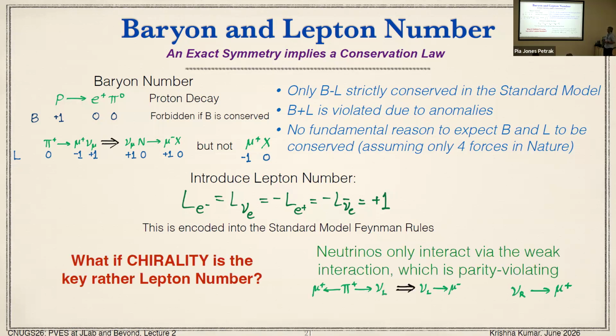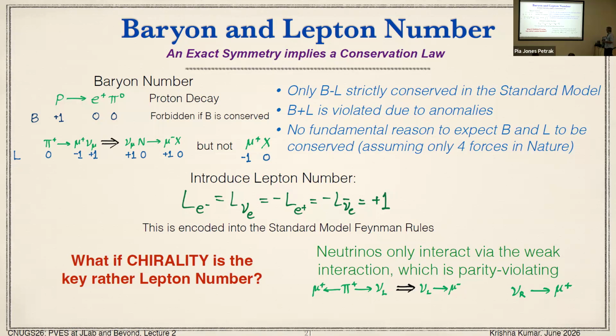So is there another way to explain this observation instead of forcing lepton number to be conserved? And that is why parity violation of the weak interaction comes in. Neutrinos only interact via the weak interaction. So the pi plus makes a nu left, because in the rest frame, you can just show that if I make a mu plus, I must make a nu L. And then the nu L has to make a mu minus, and that all comes from the left-handed projections, right?